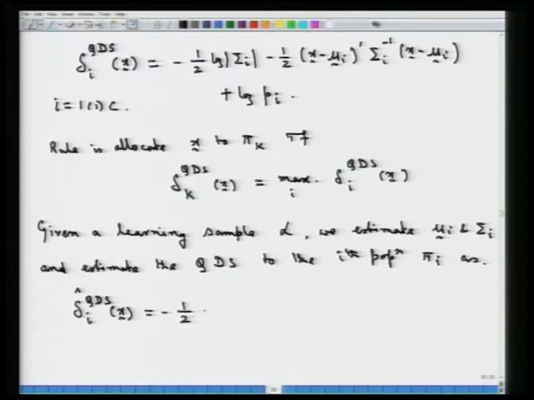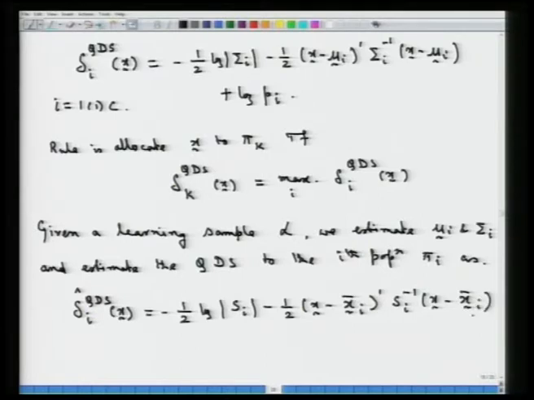to be given by minus half log determinant of SI hat, or just SI. SI is basically the estimate of the sigma I matrix. So this minus half x minus x bar I transpose SI inverse x minus x bar I, wherein x bar I is the estimated sample mean based on the observations coming from pi I, because L is our learning sample.